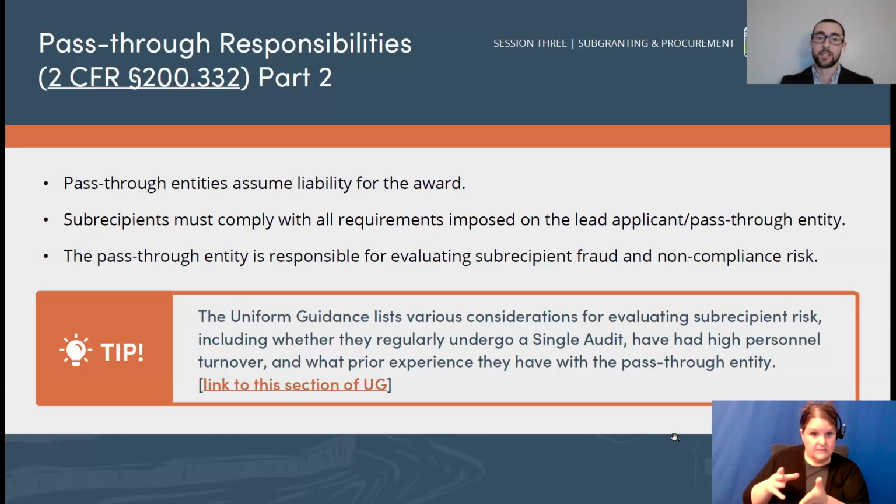That tends to decrease risk. If the subrecipient has had high personnel turnover, that will generally increase the risk of fraud and non-compliance. And then also, what other historical experience the pass-through entity has had with the subrecipient. So all of these factors go into the subrecipient risk.